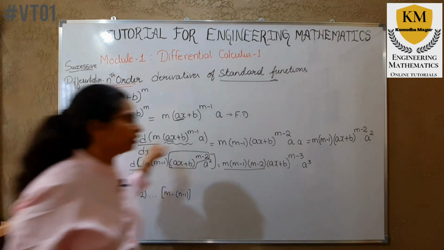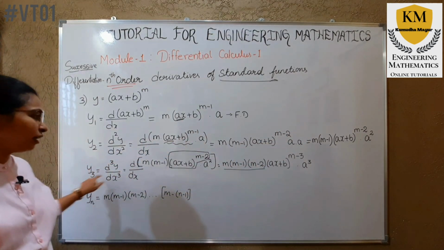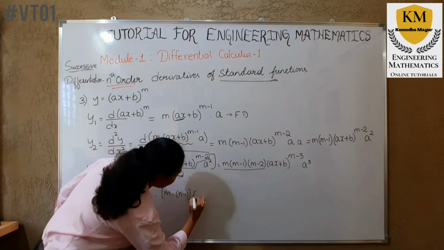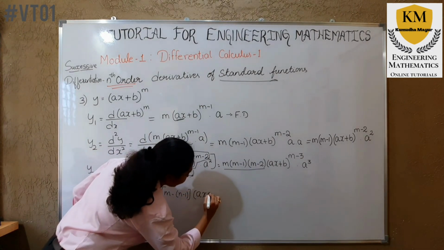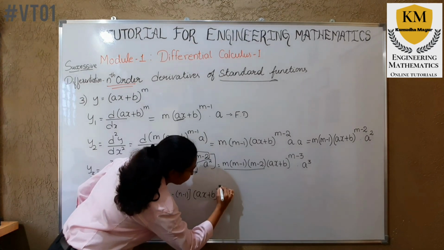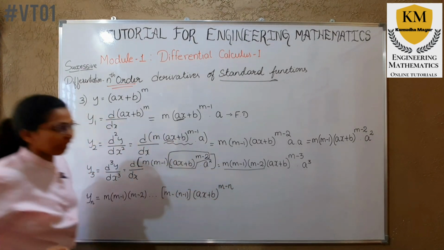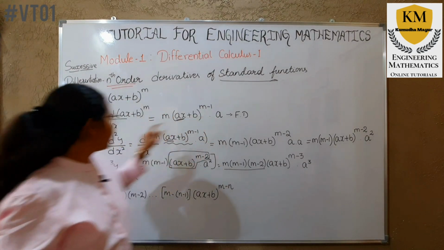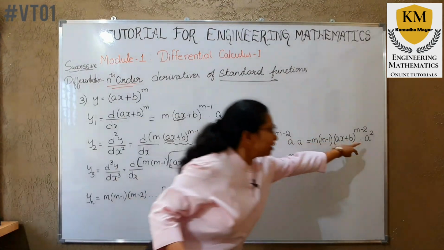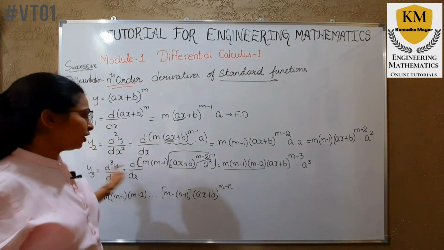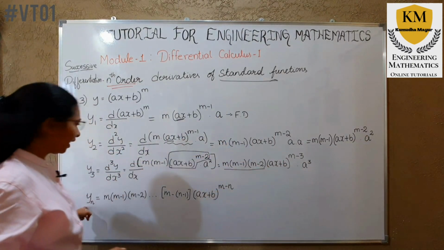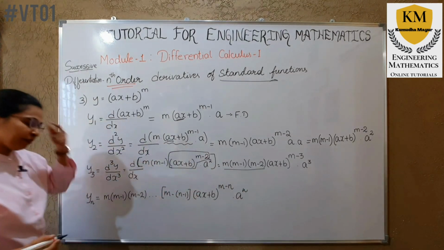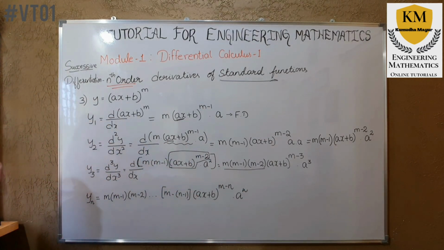Second derivative, the power is 2. For the third derivative, power is 3. For the nth derivative, this should be (ax plus b) whole to the power m minus n. And here first derivative only a, second derivative a square, third derivative a cube, and nth derivative it should be a to the power n.